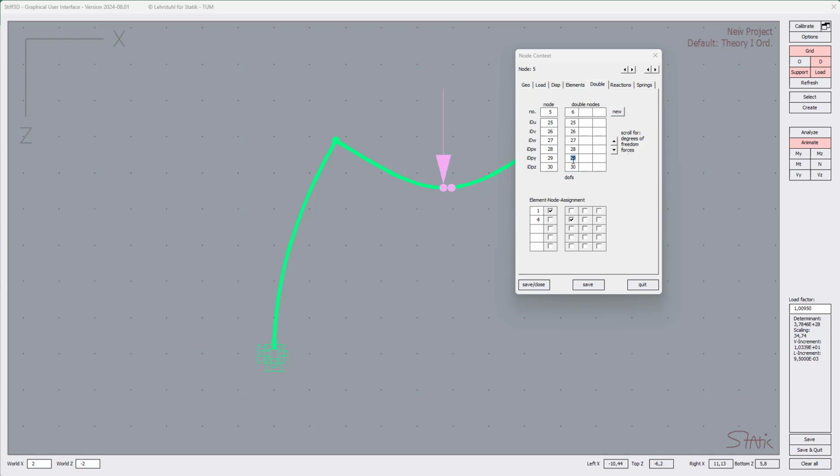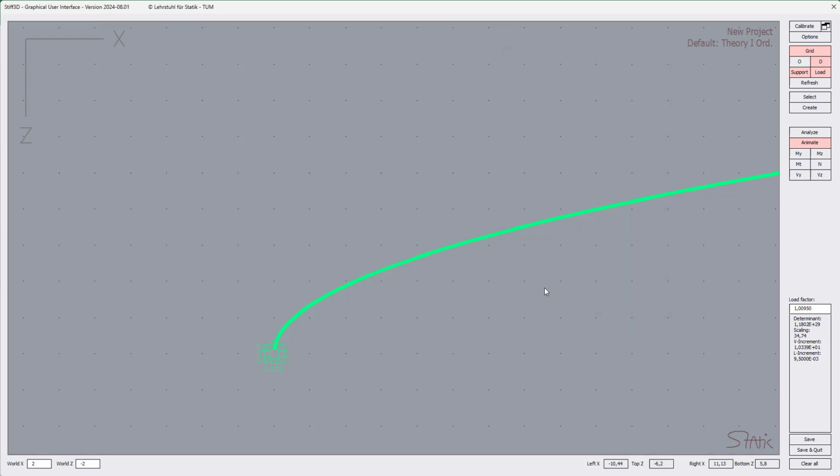So giving another number other than 29, we would decouple the 2 elements with respect to this rotation and would introduce a specific hinge. If we know another degree of freedom which is not used yet, we can type it in, or if we don't know that, we can ask Stiff by typing in the question mark and saving that. Stiff serves us with a new number which has not been used yet, and it seems to be the same displacement as before.